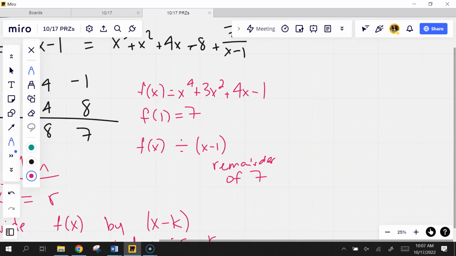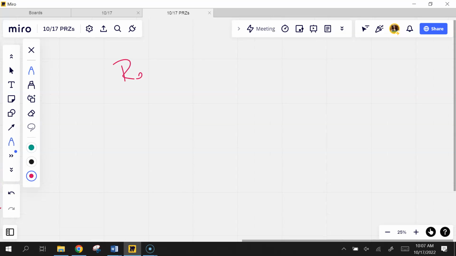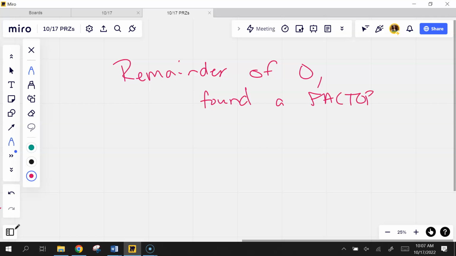Now, what we also know is that if you get a remainder of 0, that means that you found a factor. And in fact, when you divide by a factor, you get no remainder, but your answer is another factor.